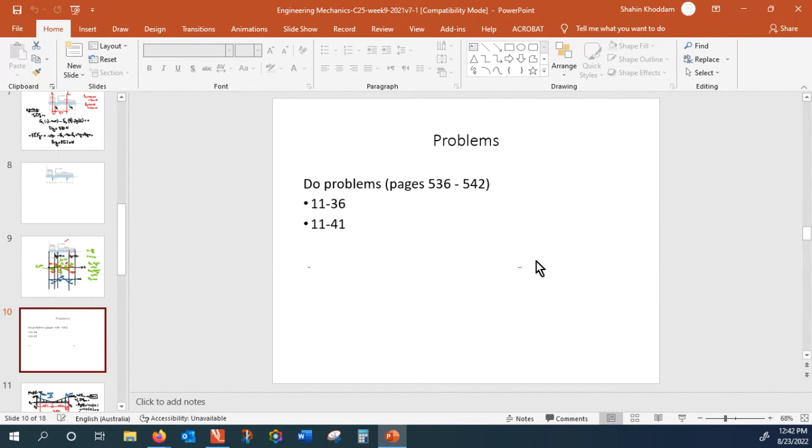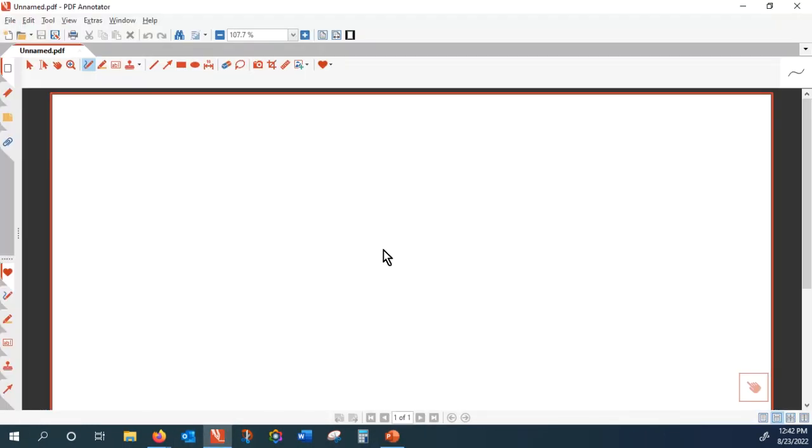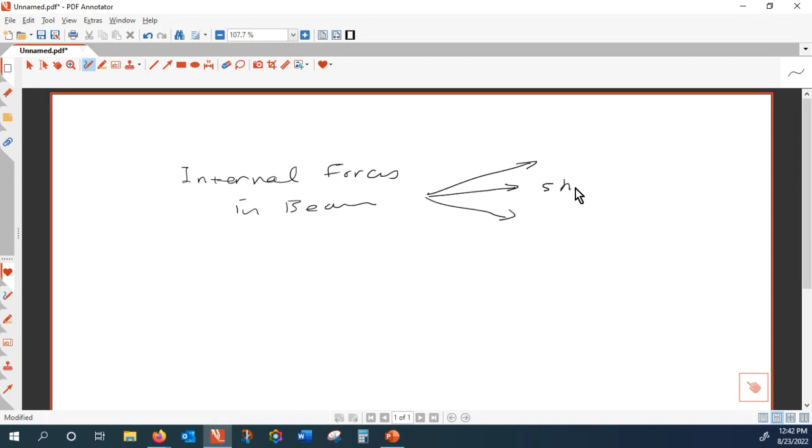So when we say internal forces, there are three important parameters. Internal forces in a beam: the most important one is shear force, and generally we show that with V of x.